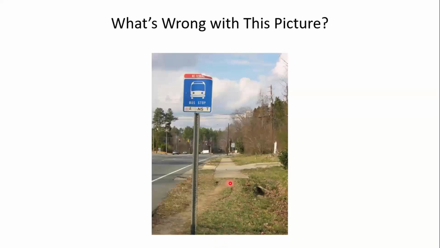And just this bare earth or grass is not considered an accessible surface. So hopefully this is on a transition plan identified as a barrier to accessibility and hopefully scheduled for remediation so that there will be an accessible route to that bus stop.